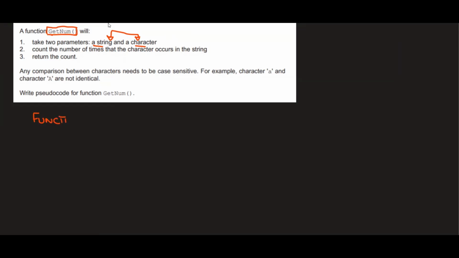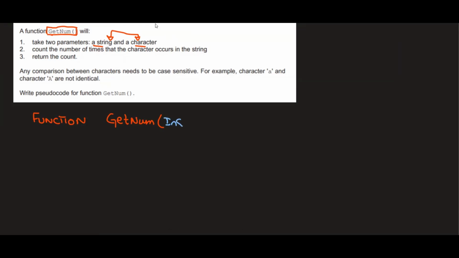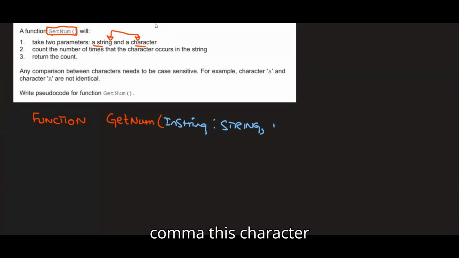Function getNum. It will take two values as parameters: this string as a string, comma, this character as a character.